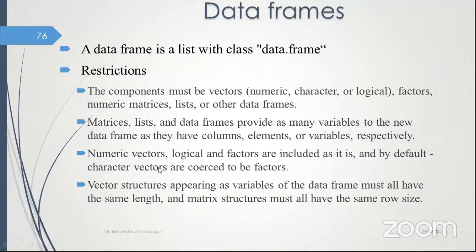Vector structures appearing as variables must be of the same length. This is a very important thing. If you include any vectors, they should be of the same length, and there should not be any deviations in the length. Similarly, matrix structures should have the same row size.